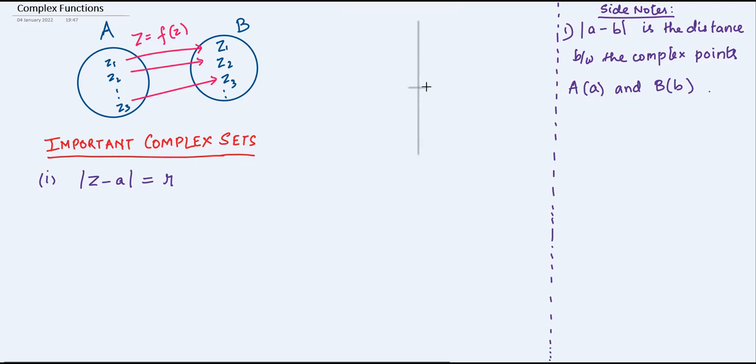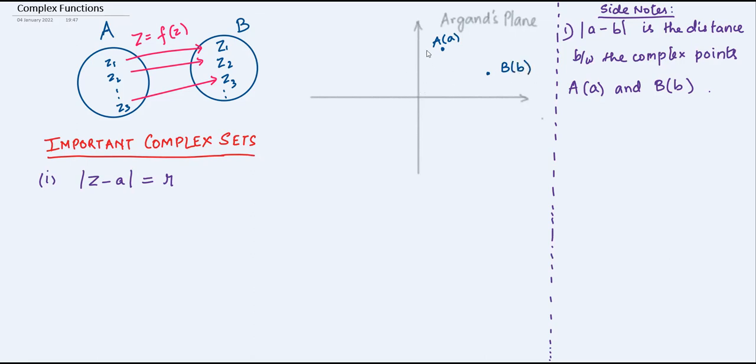So remember, a real number requires a straight line to be plotted, but a complex number requires a plane. This is the Argand plane. A complex number requires an Argand plane to be plotted. So this is, say, point A, and this is point B in the Argand plane.